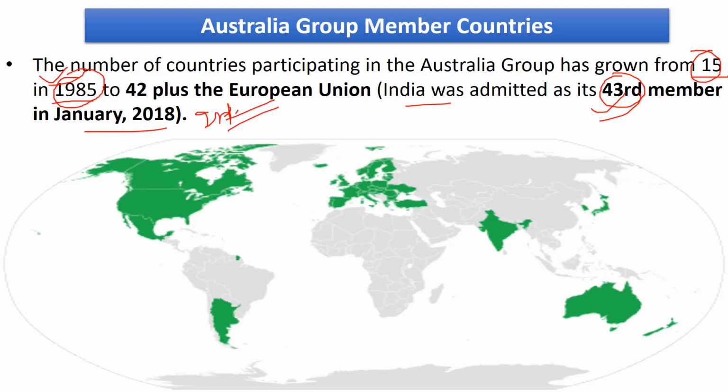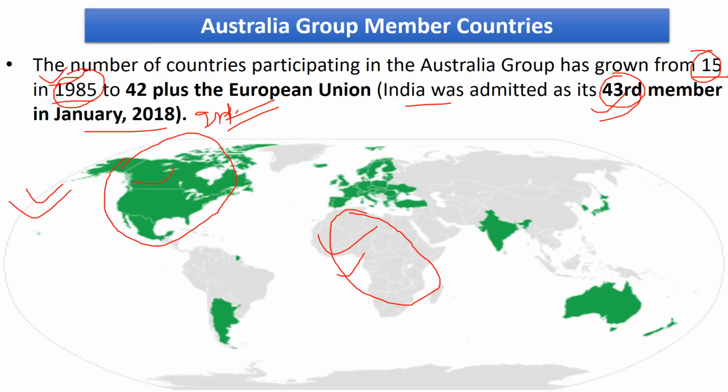Now, it's not possible to remember all 43 members of the group, but one can have an idea about it by keeping the political map of the world in mind. As shown in the map, there is no country from Africa which is its member. Further, almost all countries from North America and very few countries from South America are its members. In this way, one can have an idea about its member countries.